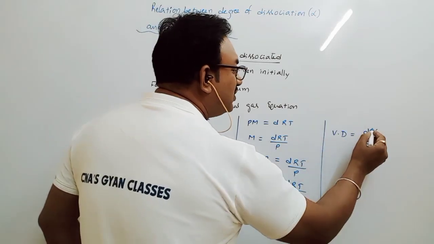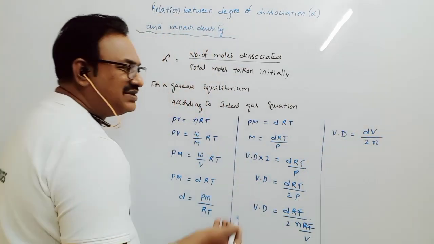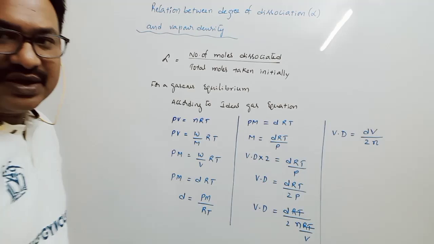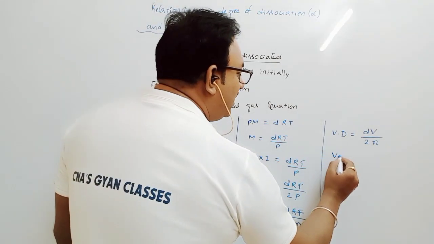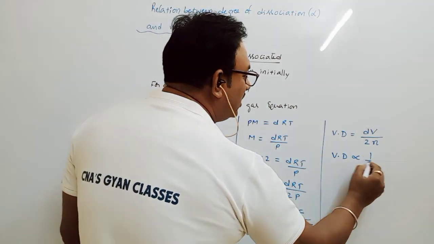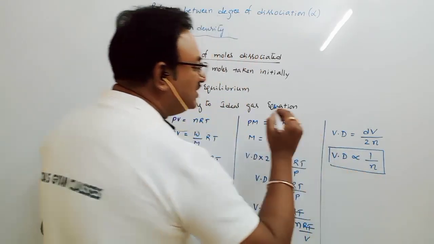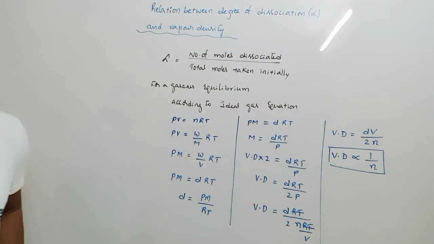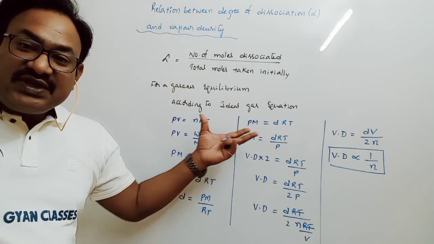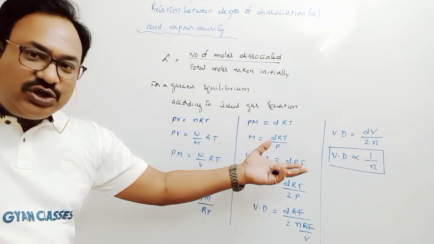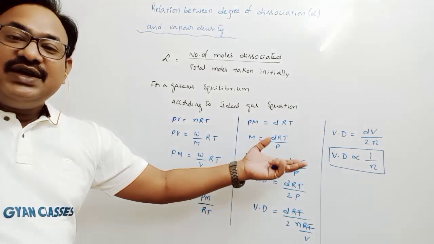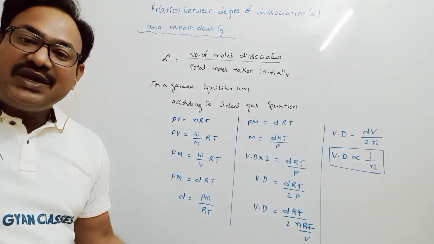So from this, if you keep density and volume constant, then vapor density is inversely proportional to number of moles. Okay? So first derive like this. You just derive the relation between vapor density and number of moles.